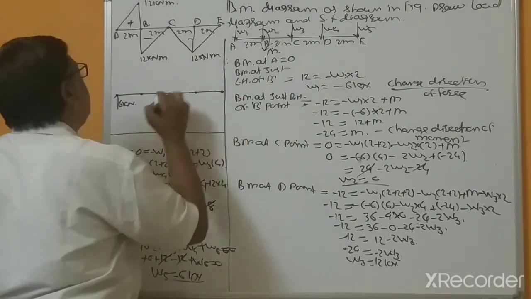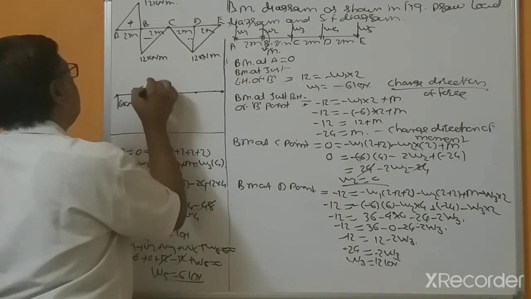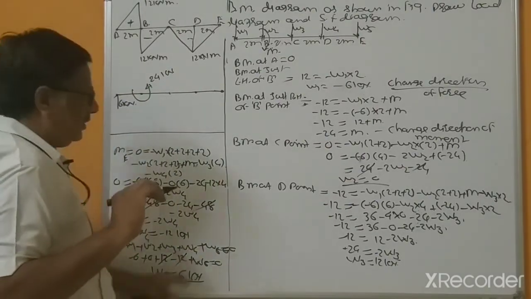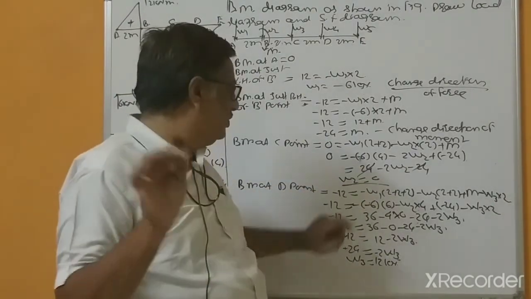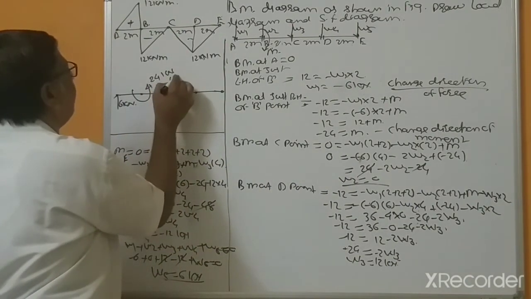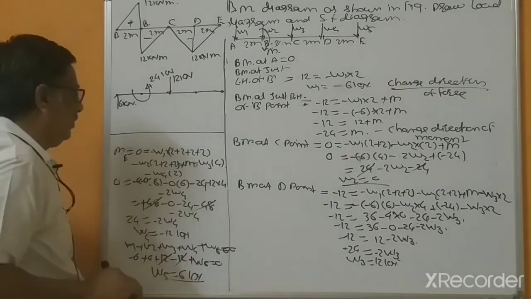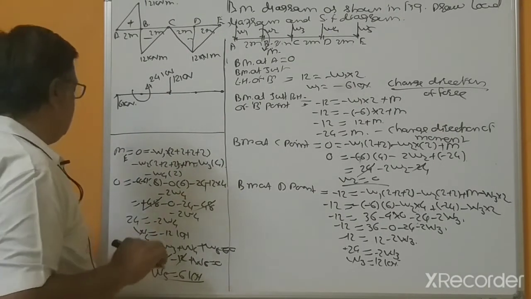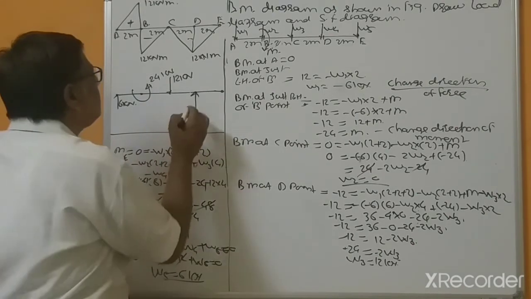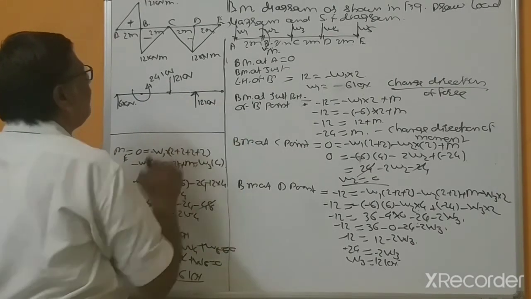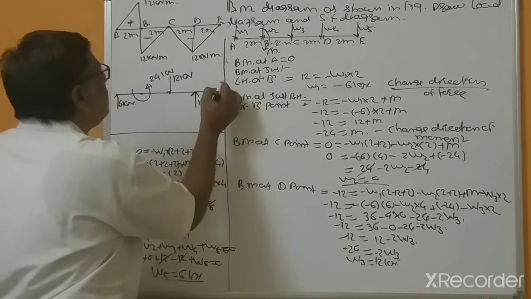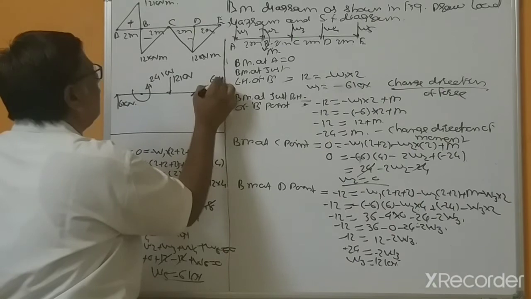We assumed this is anti-clockwise, so that's why we have to change this sign. 24. And W2 equal to 0, so no force acting. W3 12 kilonewton. W4 equal to 12 kilonewtons, and this is upward because this is minus, and W5 equal to plus 6 kilonewton.